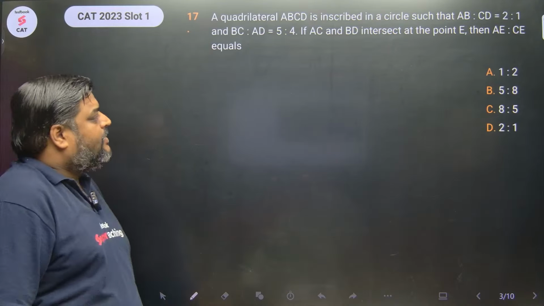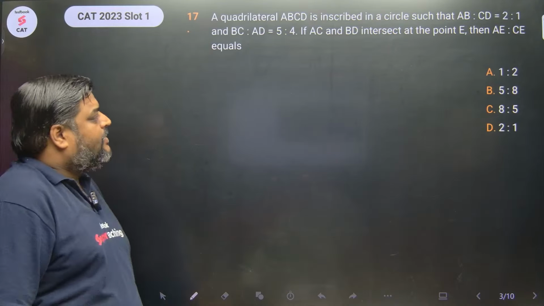AC and BD intersect at E. This is the point of their intersection. What do we have? We have AB by CD as 2 by 1.